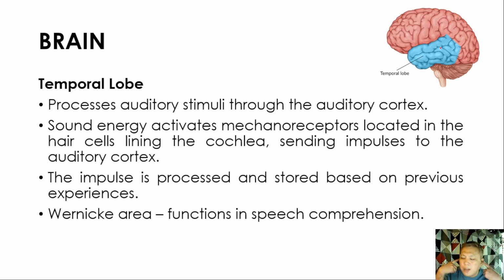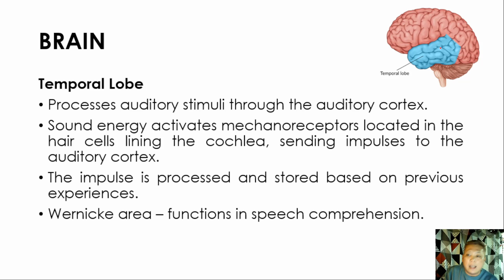So, ibig sabihin, pagpasok ng sound dun sa ears natin, dyan magsasend yung signal para ma-interpret ng brain natin, which is yung temporal lobe po natin. So, the impulse is processed and stored based on previous experiences, and Wernicke's area function in speech comprehension. So, ibig sabihin, yun yung gumagana, lalo yung magagaling, yung madadaming alam na words, di ba?